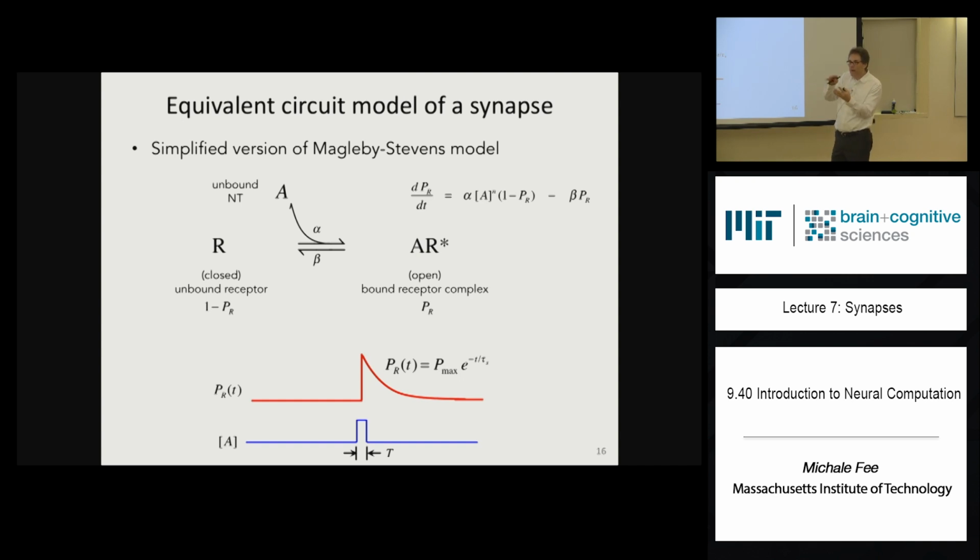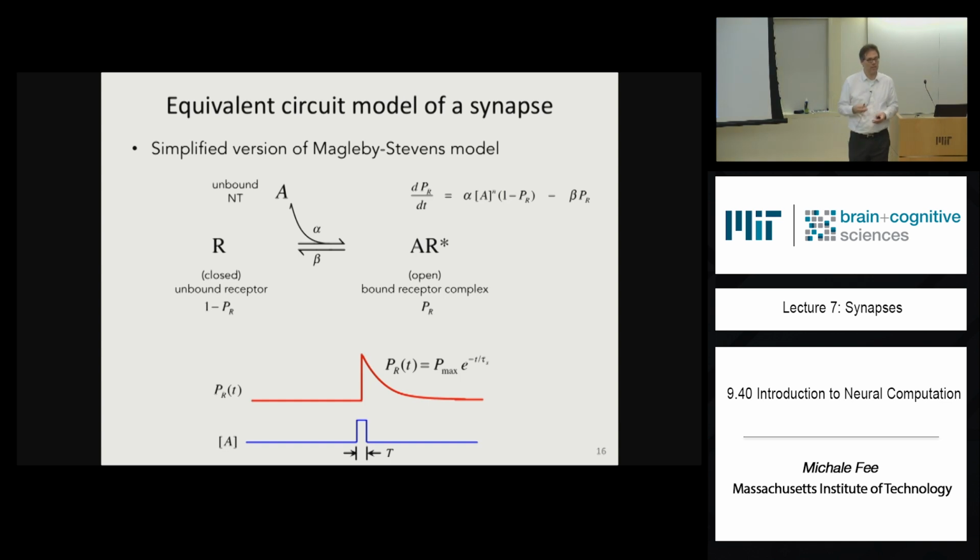So they don't respond to the little leakage of residual neurotransmitter left around that the reuptake systems haven't dealt with yet. But when a vesicle releases, you have a neurotransmitter at a very high concentration, and this makes it only sensitive to the peak of the neurotransmitter concentration.